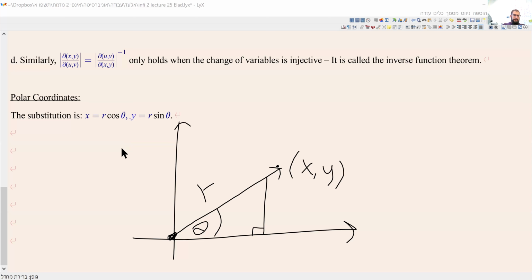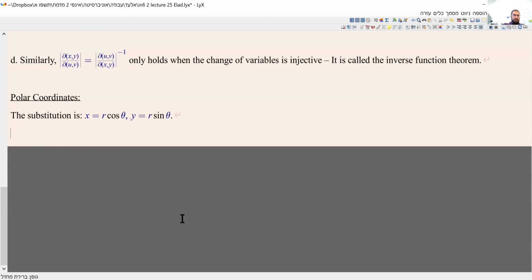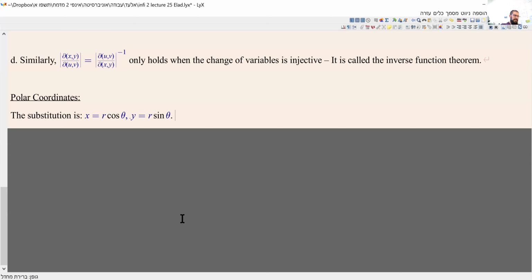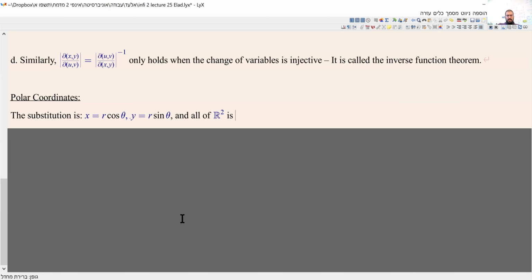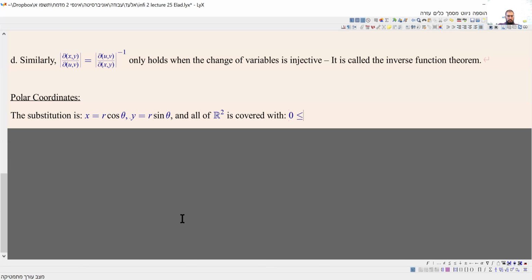On the other hand, describing the plane with x and y, the Cartesian coordinates, requires x and y to be any number between minus infinity and infinity, while when it comes to r and theta, all of R2 is described with r a positive number.